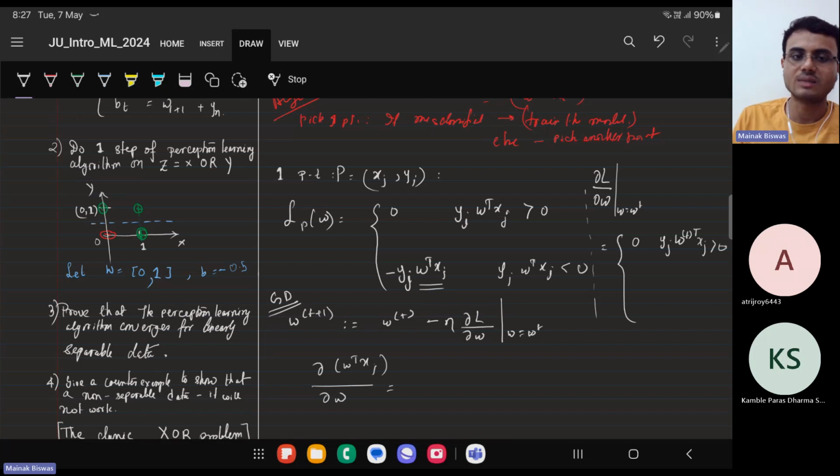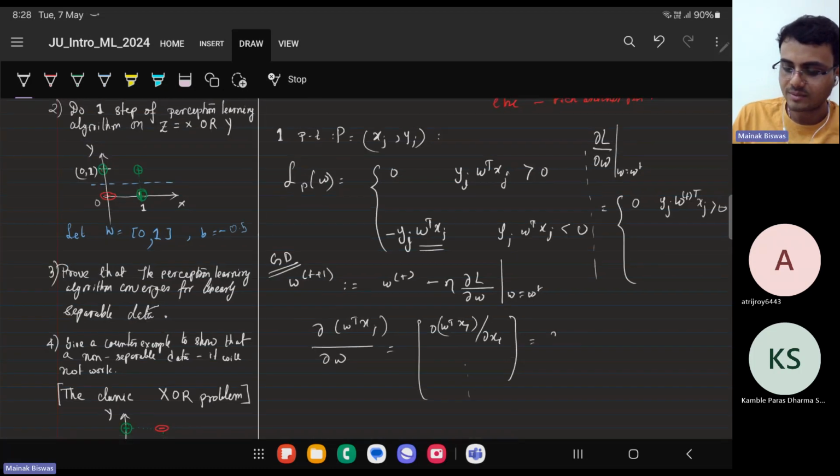Recall what we have done. What is the partial derivative? It's the derivative with each component. So this is nothing but x. Any questions?